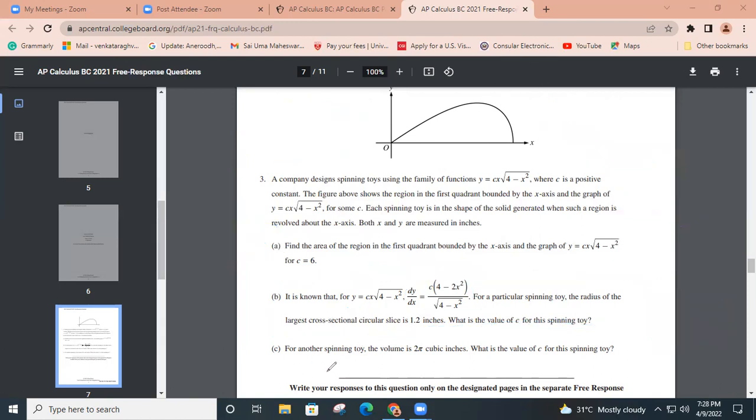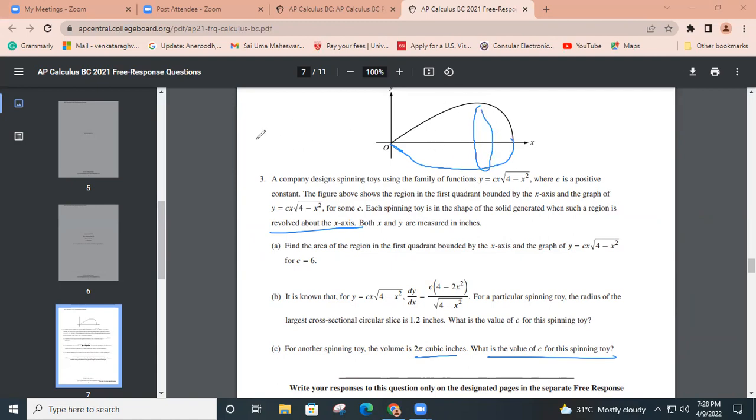Now, if I see part C, what they've given in part C is, for another spinning toy, the volume is 2 pi cubic inches. What is the value of c for this spinning toy? So I'm getting the volume by revolving this around my x-axis. So this is the volume that we are going to get.